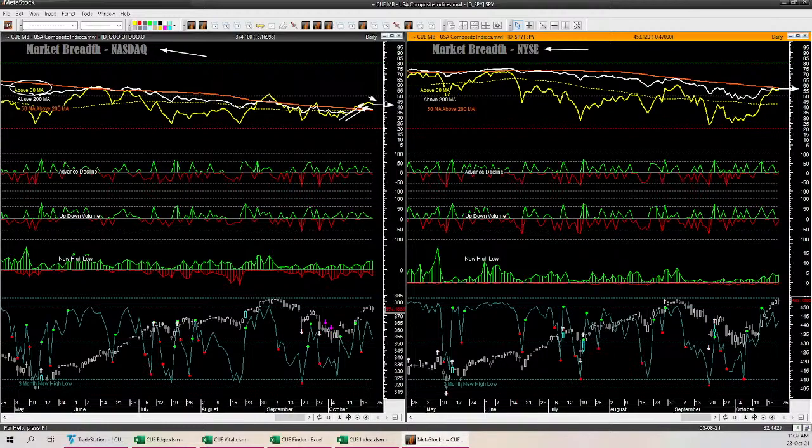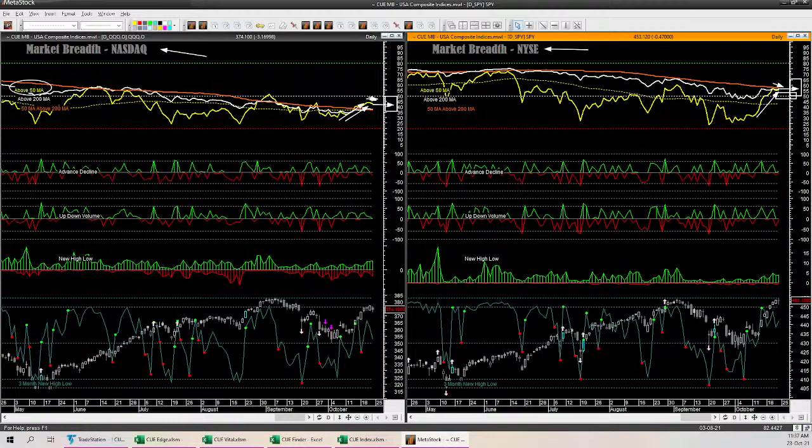The percentage of stocks in NYSE above 50 MA is at 55% compared to 41 in Nasdaq. So NYSE is much stronger. Also, NYSE is above the midpoint, 50% level. Both are in an uptrend though.